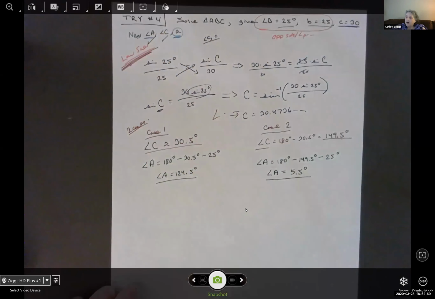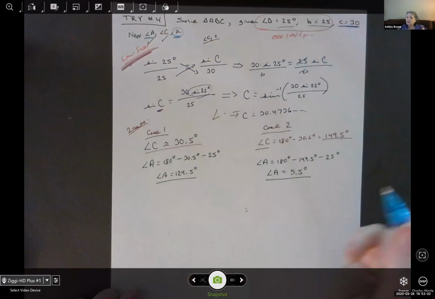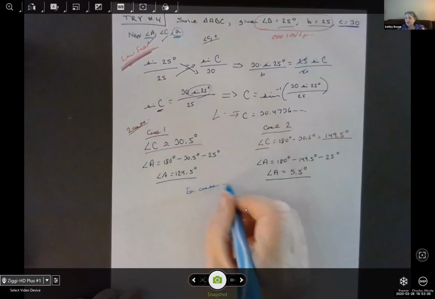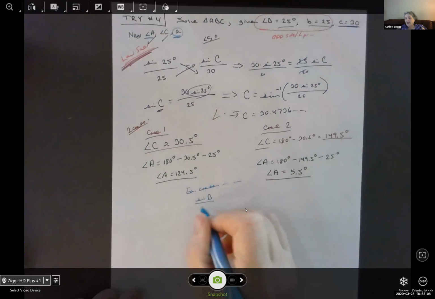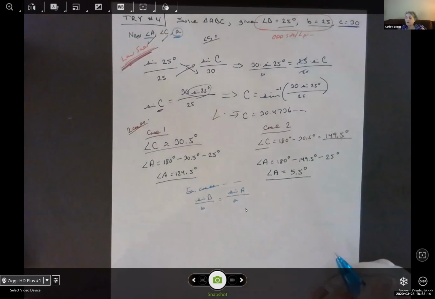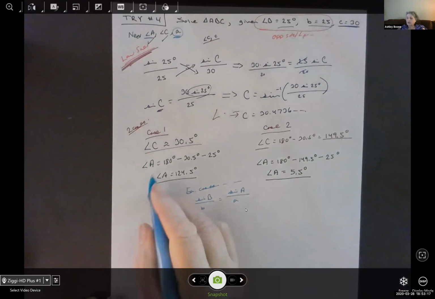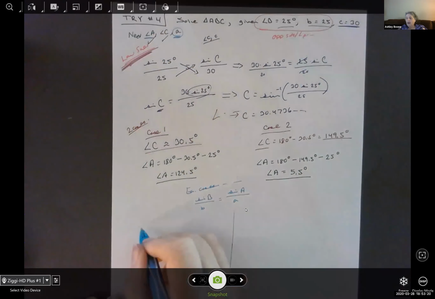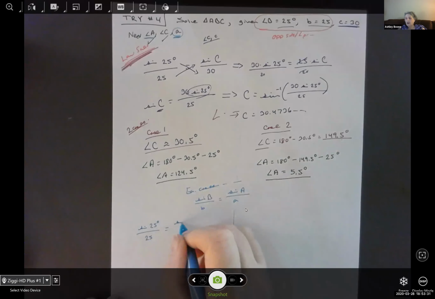And then since we had an opposite angle pair here, what I'm going to do in each of my cases is take the sine of angle B to side B and set it equal to the sine of angle A to side A. For each case, I'm trying to solve for A. So in the first case, I'll have the sine of angle B, which is 25 degrees, is to side B, which was 25, as the sine of 124.5 degrees is to side A, now that I know what angle A is. And again, I use law of sines, I can use cross multiplying and solve.